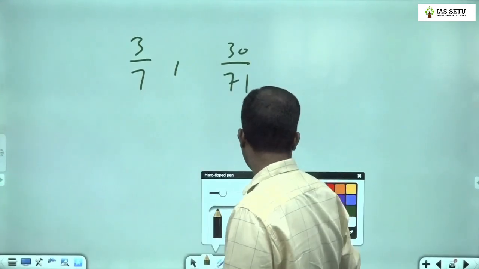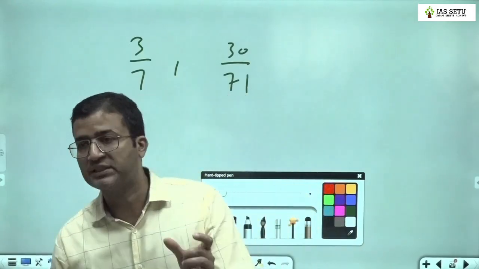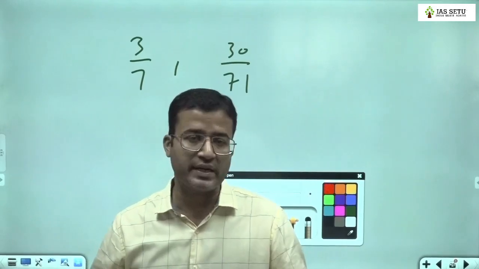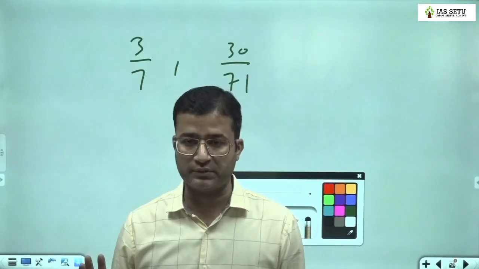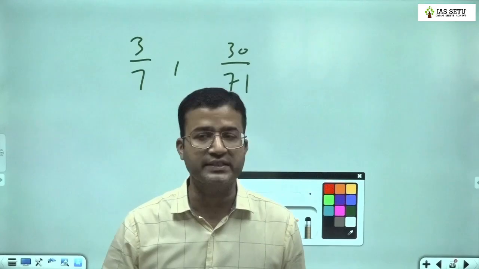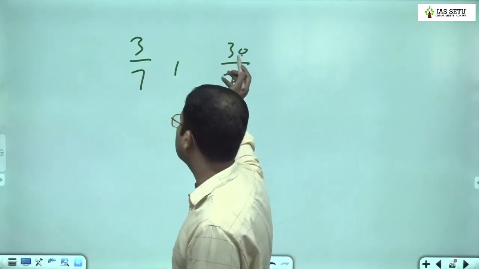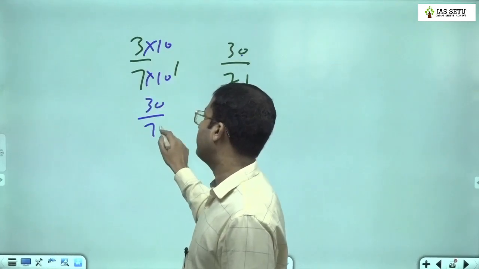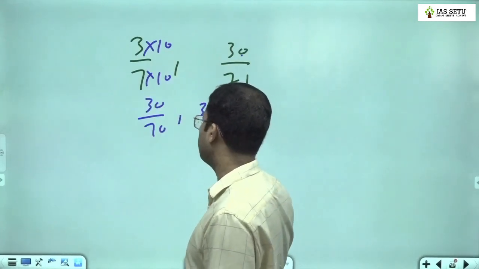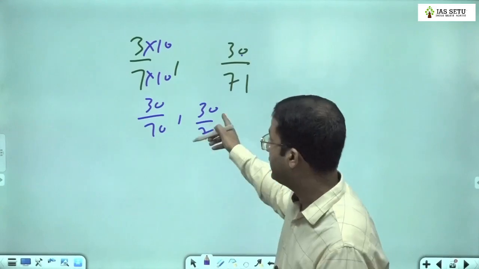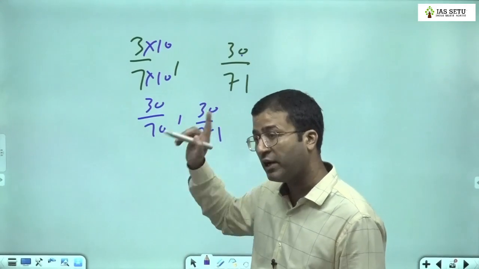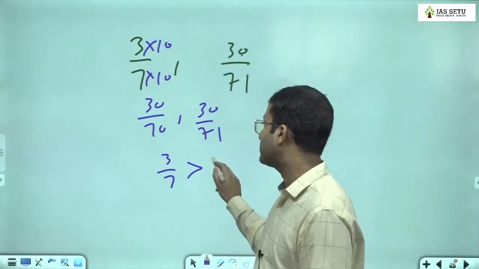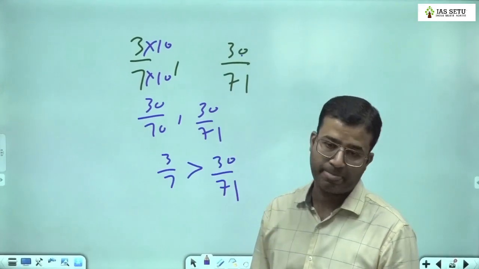For that, if you have a choice between multiplication and division, आपका आंसर या तो एक स्टेप मल्टीप्लाई से आ रहा है, एक स्टेप डिवाइड से. गो फॉर मल्टीप्लिकेशन, क्योंकि मल्टीप्लिकेशन ज्यादा इजी है डिवीजन के मुकाबले. इसको 3 बनाने की बजाय इसको 30 बना लो. इंटू 10 इंटू 10, 30 by 70, 30 by 71. And now our numerator is the same, so as denominator increases, value decreases. So 3 by 7 is greater than 30 by 71.